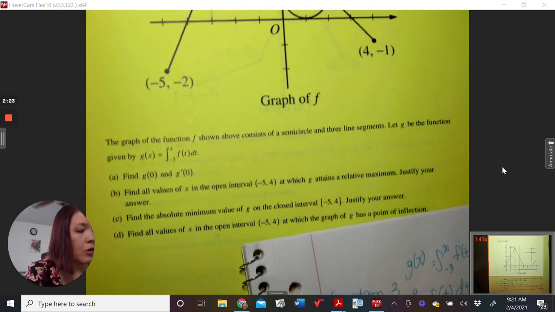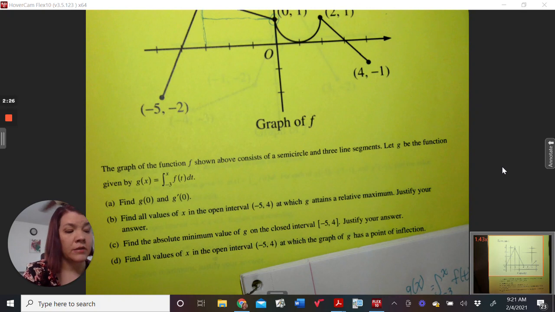Find all values in the open interval from -4 to 5 at which g has a relative max.